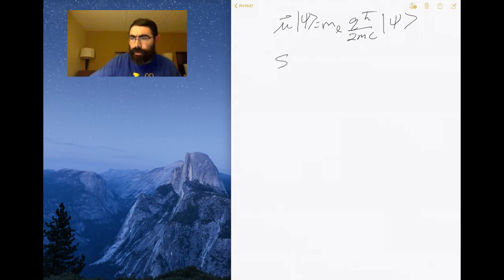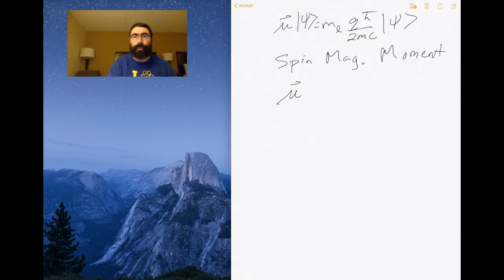So for the spin magnetic moment, in that case, what we have is a magnetic moment related to spin, which should be a gyromagnetic ratio times the spin vector. All we're doing here is replacing the orbital angular momentum operator with a spin, quote unquote, angular momentum.